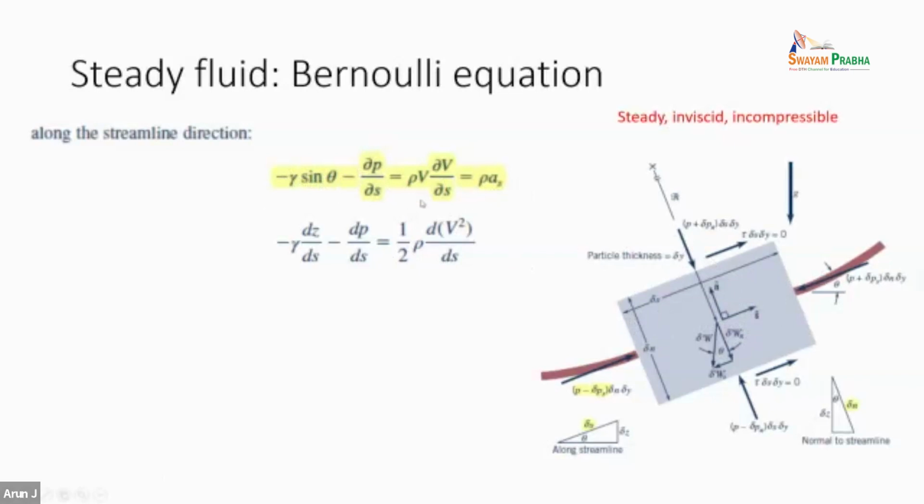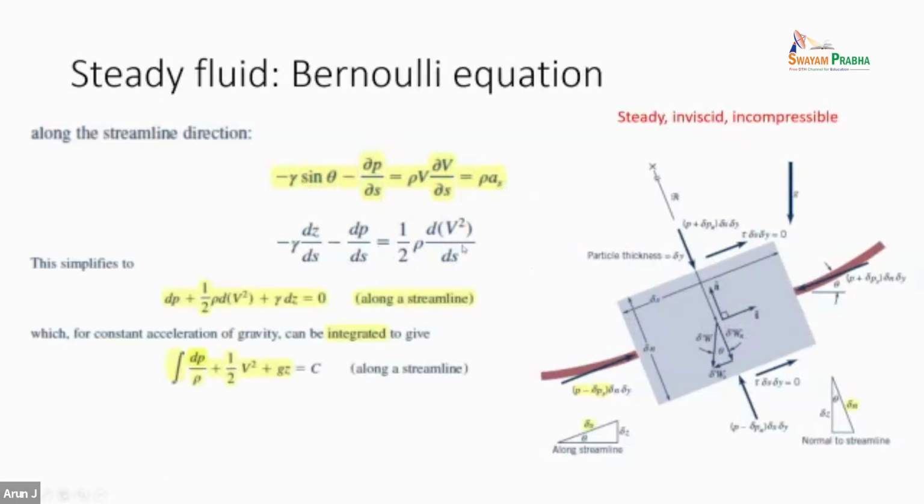And the acceleration you can write as rho v dv/ds. So you do this integration along the streamline. This is the Bernoulli equation: the pressure change, the velocity, and g and z, the height.